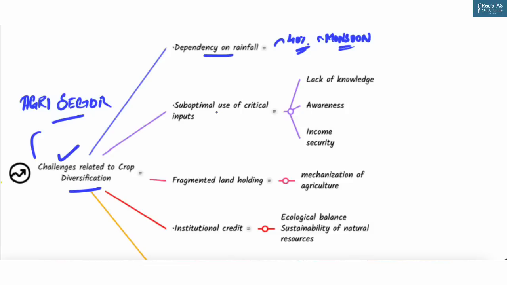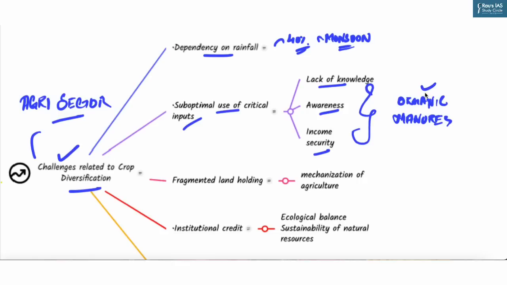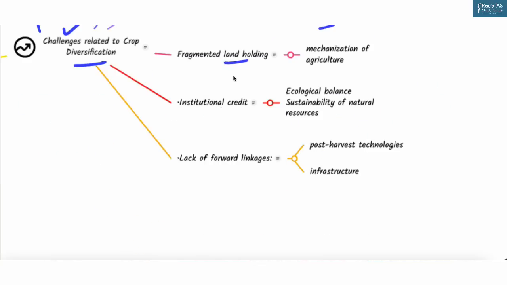Next is suboptimal use of critical inputs like lack of knowledge, awareness, income security. All these combine in effect resulting into low use of critical inputs like organic manure, biopesticides. Next is fragmented landholding.